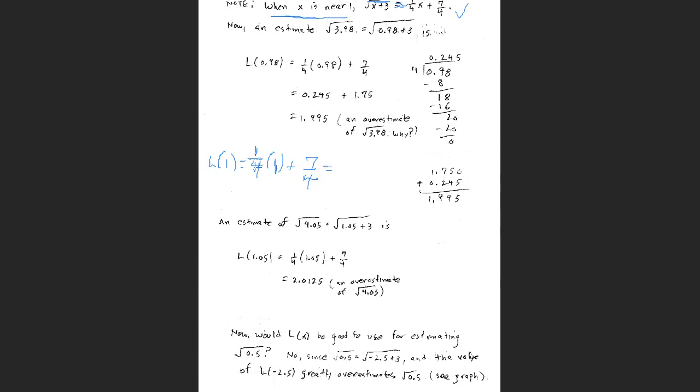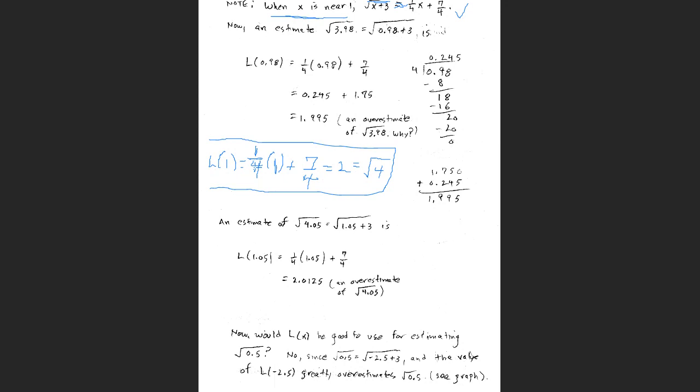That's just going to equal 8/4, which is 2. And notice that is going to equal perfectly the square root of 4. So at the value of a, the linearization function equals the function you're trying to approximate perfectly.